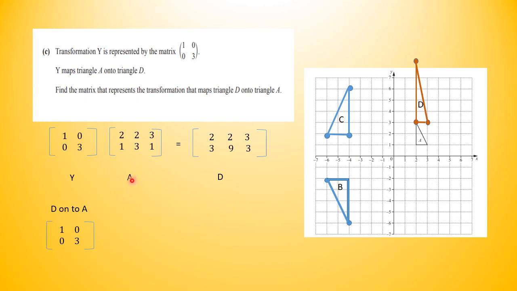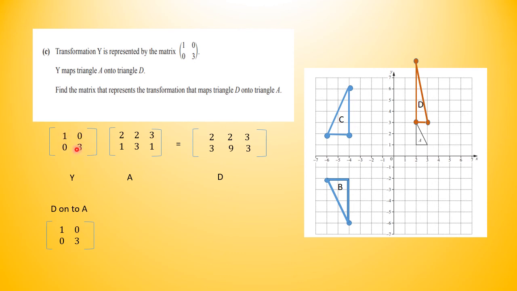Now if they ask you to map triangle D onto A, that means this big triangle, you are going to map it to A. At such a time, for D onto A, we use the inverse of the original matrix.